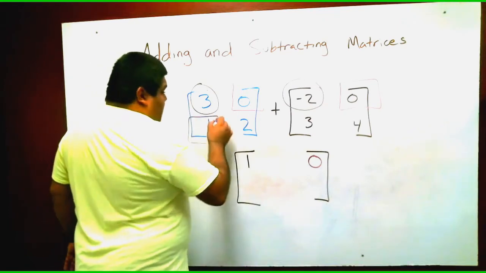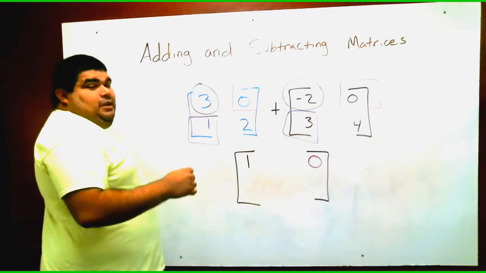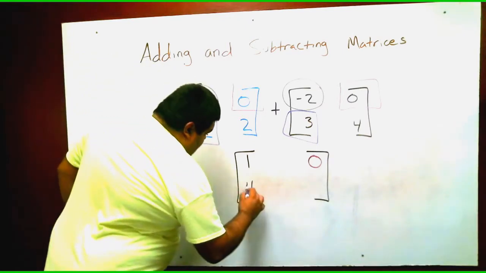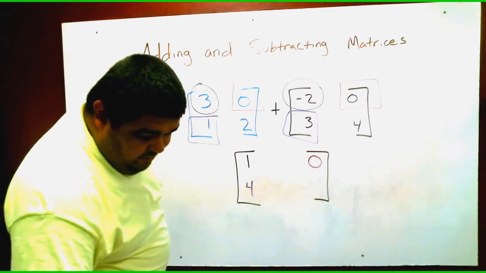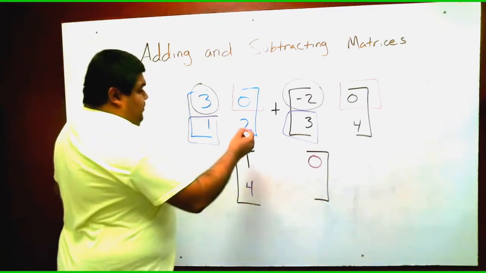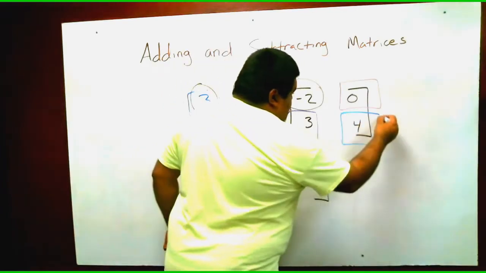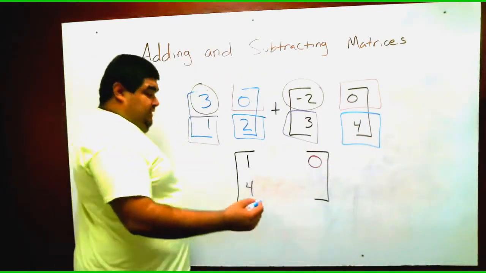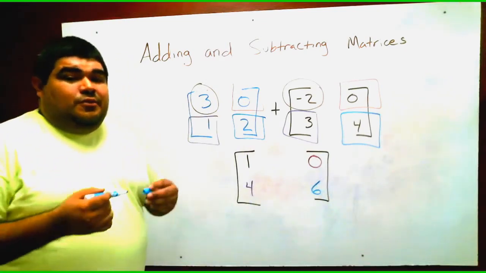We have 1 plus 3 equals 4, right? So we're going to do 4 down here on the corner. And then finally, our last one, which is 2 plus 4 is 6 on the lower right corner. And that's how you add matrices.